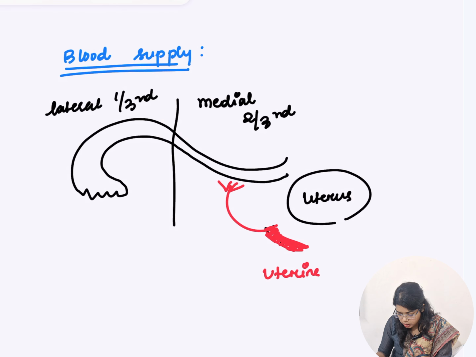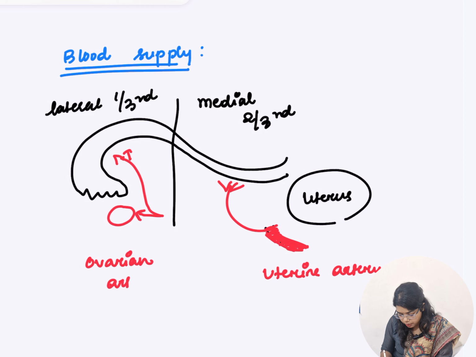So the medial 2/3 is supplied by the uterine artery, and here the ovary is present, so the ovarian arteries going to the ovary supply the lateral 1/3 of the fallopian tube. So it has a dual blood supply: the ovarian artery supplies the lateral 1/3 and the uterine artery supplies the medial 2/3 of the fallopian tube.